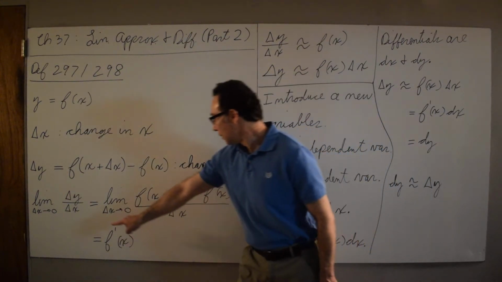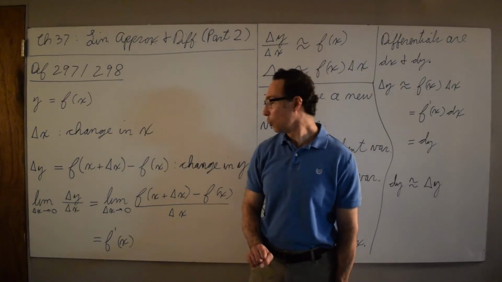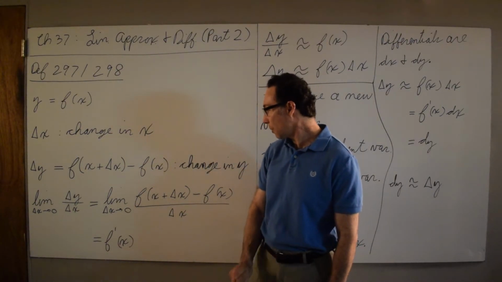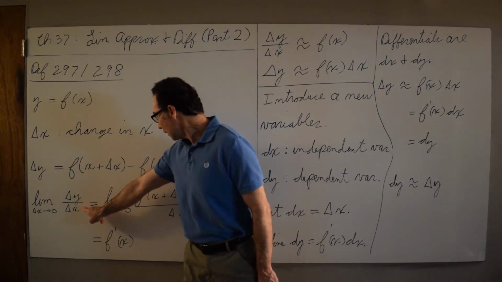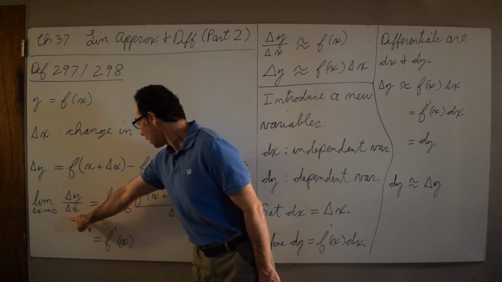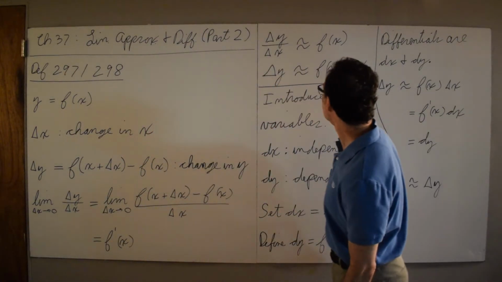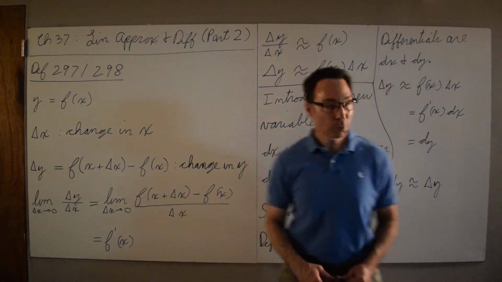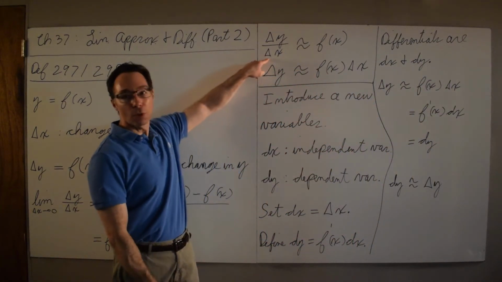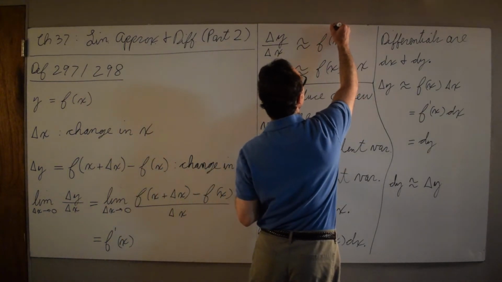Now, this limit is this derivative. That means if delta x is close to 0, then delta y divided by delta x is close to f prime of x. And so that's why we have here delta y divided by delta x is approximately f prime of x. That was wrong before, this should be f prime of x.